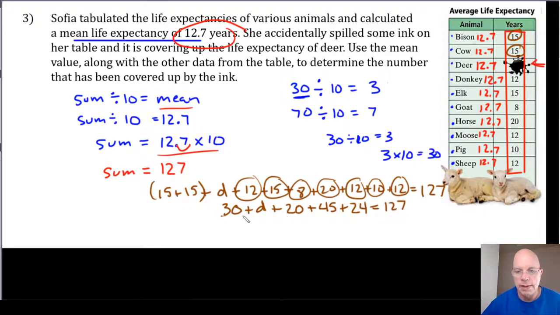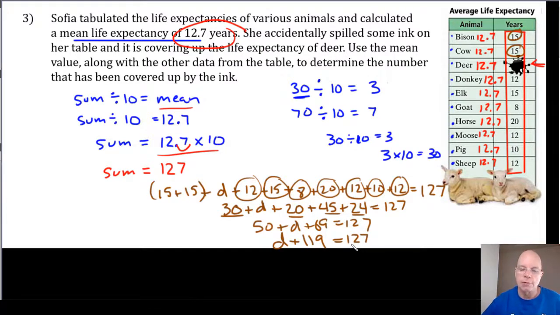The 30 and the 20, that's 50, plus D plus 45 and 24 is 60, plus 5 and 4 is 9, 69. And 50 plus 69 is 119. So the deer's life expectancy plus 119 equals 127.